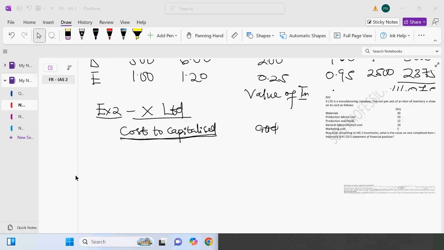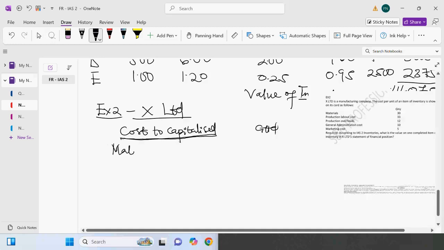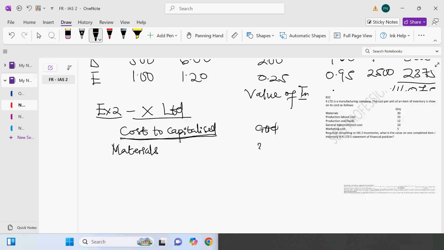Because it was used in the production process. The production process is the cost of bringing the asset into its present condition. So materials is 30.